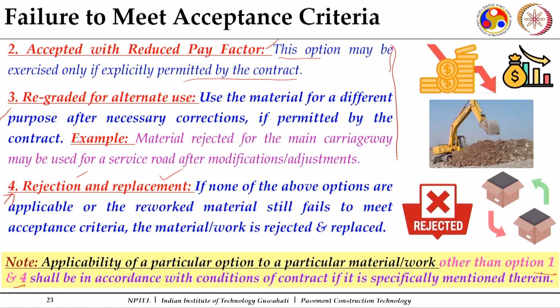First is you are doing a small amount of exercise to bring it to the required specification. But these two in between, that it can be used for some other use or some reduced pay factor is to be there, should be in accordance with the conditions of contract, specifically mentioned therein. So that should already be mentioned.